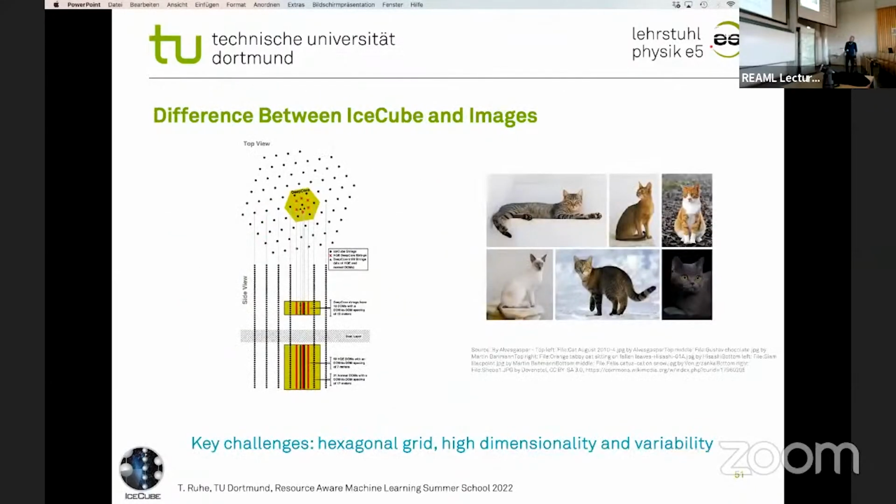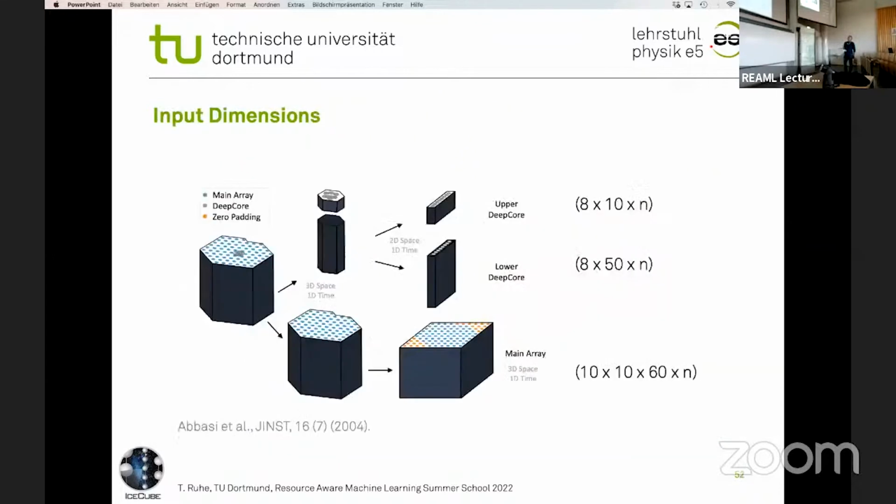Okay. But there are some differences between images and IceCube. Images are generally rectangular. IceCube has a hexagonal grid and also has these subarrays, and IceCube has a high dimensionality and variability. But we'll tackle that.